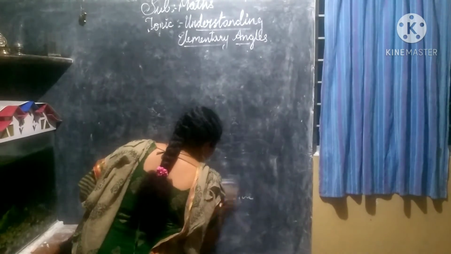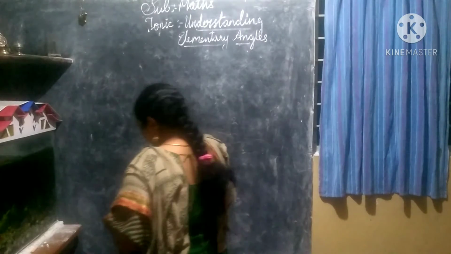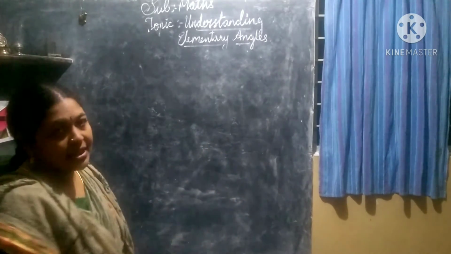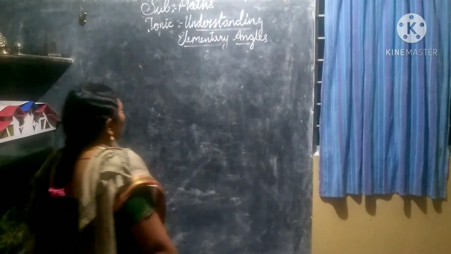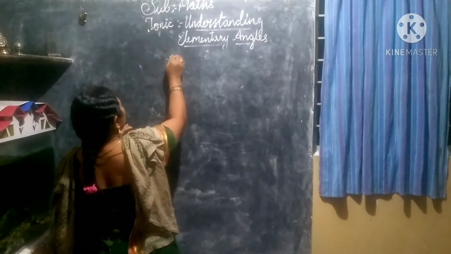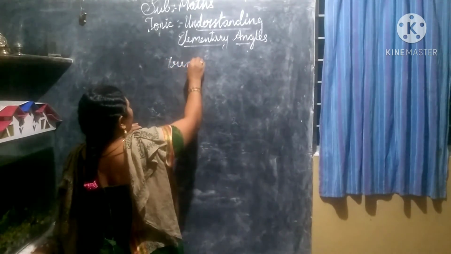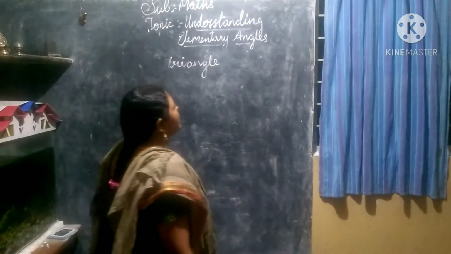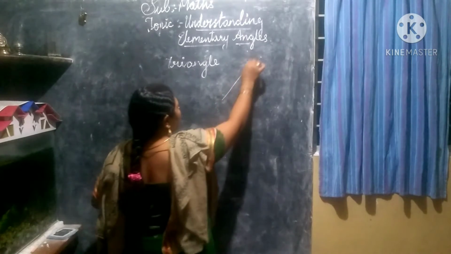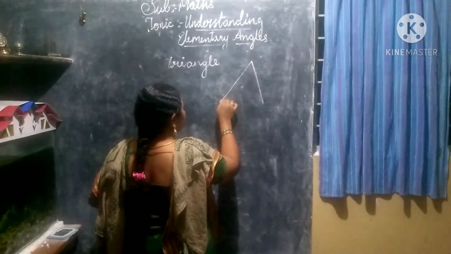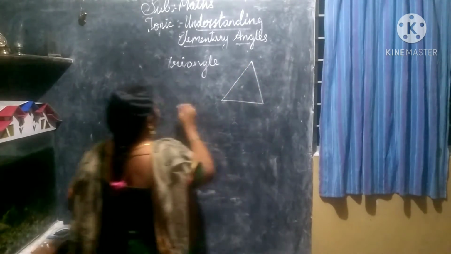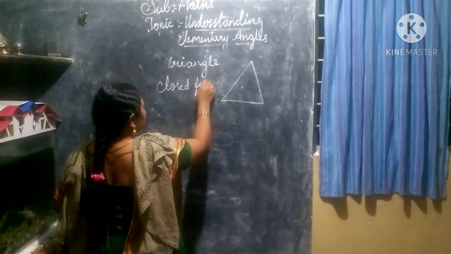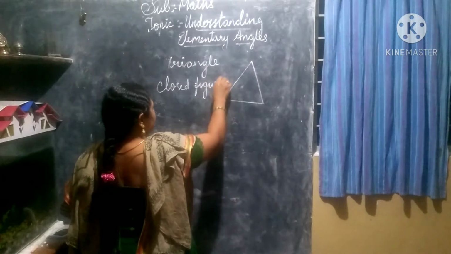Do we know what is a triangle? Triangle is a closed figure with 3 sides. Triangle is a closed figure having 3 sides.